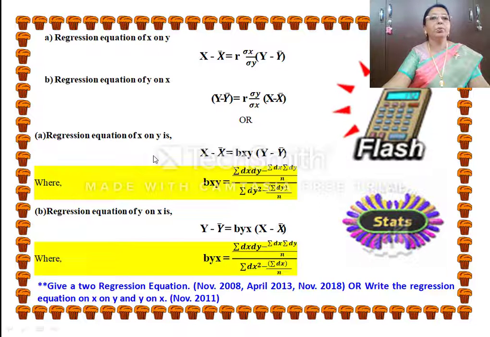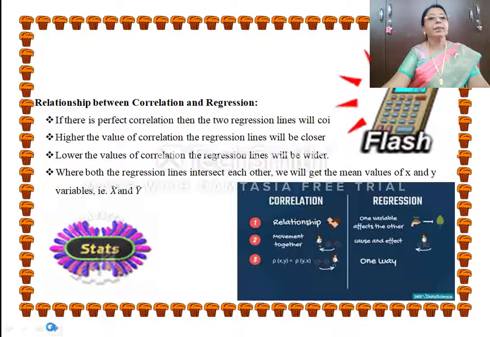The regression equation of x on y is x minus x bar is equal to bxy into y minus y bar. The regression equation of y on x is given by y minus y bar is equal to byx into x minus x bar.